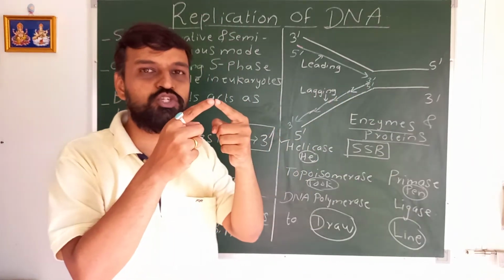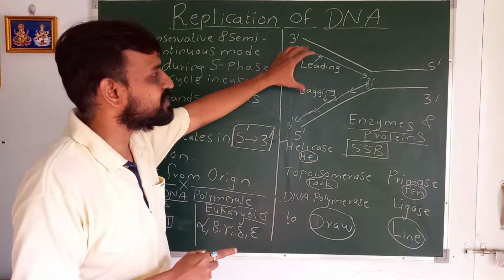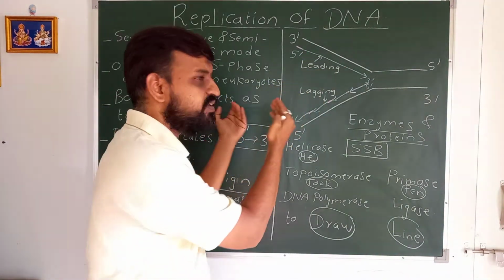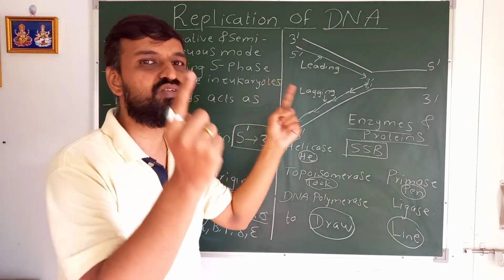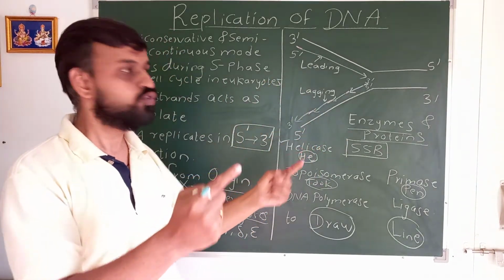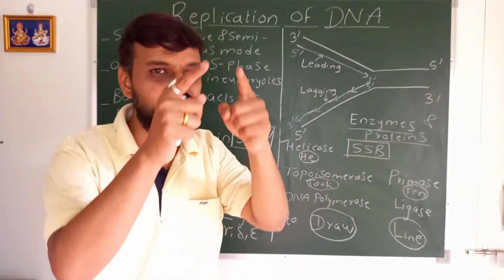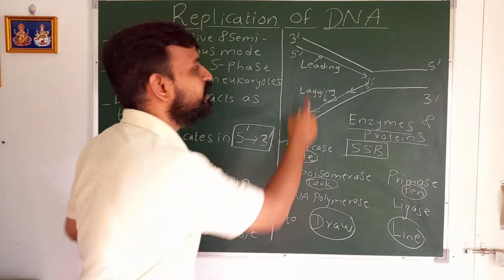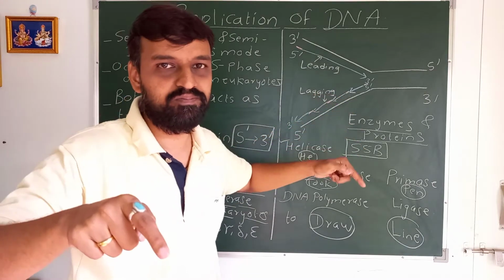Unwound means the strands should get separated from each other. As I showed you here, the DNA previously had the double helical structure and now it has unwound. So the first enzyme is helicase, which has the property of unwinding. The coiled structure will now become uncoiled.